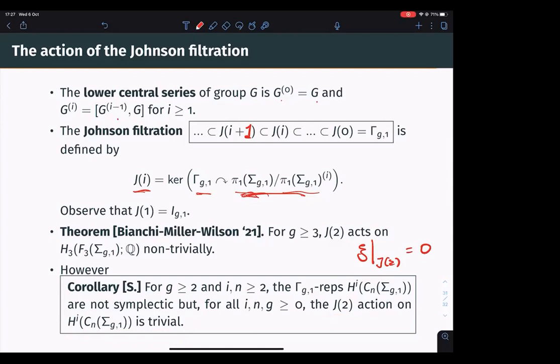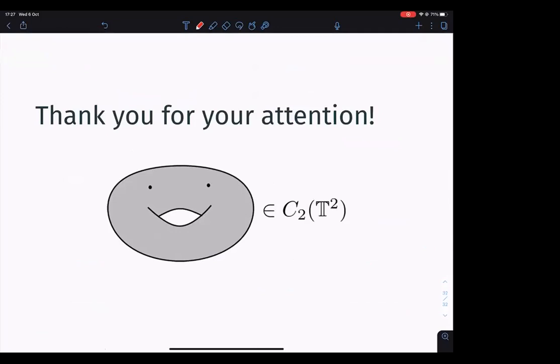That's a corollary from the main theorem. And I think that's all I want to say. I finished a bit earlier maybe, but I think that's good. I will leave you with this happy configuration on a torus, and thank you very much for your attention.